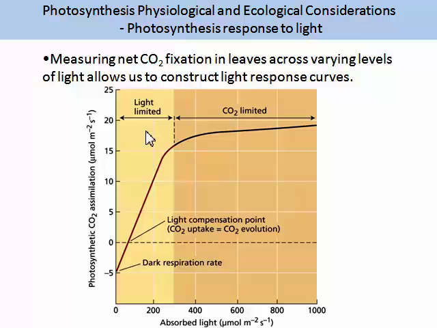That is, as the light increases, so does the photosynthetic rate. This component, or the light yellow component of the graph, is light limited. Then you reach a point where there is enough light for you to optimize the photosynthetic capacity. The reaction then is known as carbon dioxide limited. In this species, the light limiting is about 300 micromoles per meter squared per second.